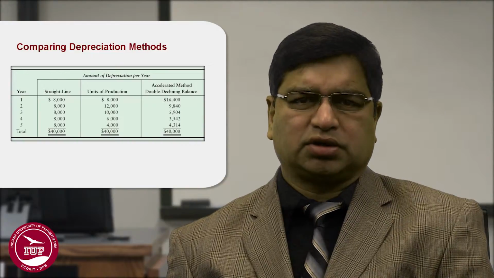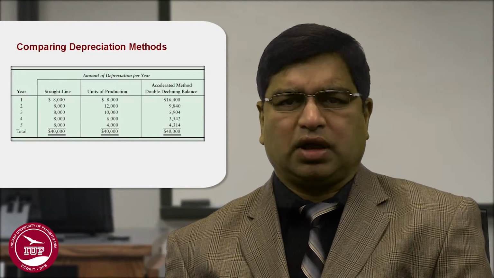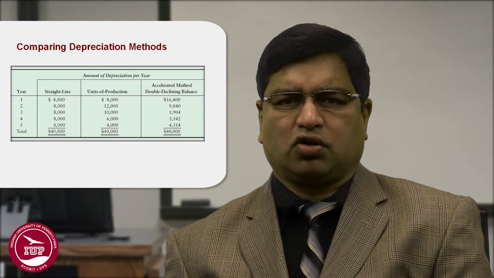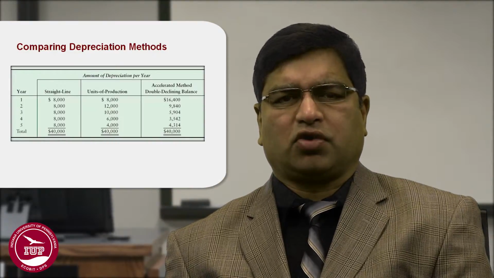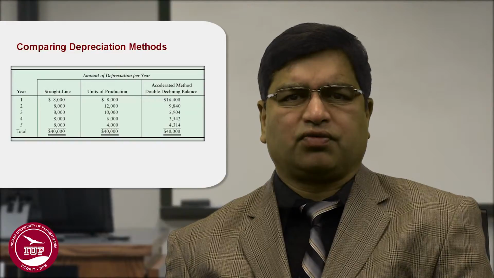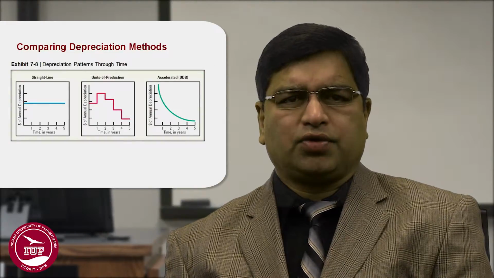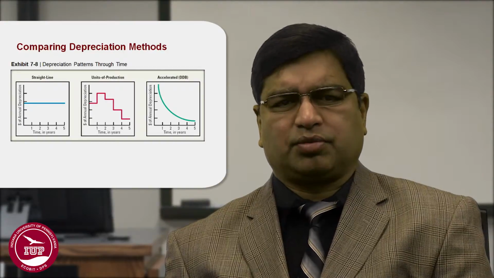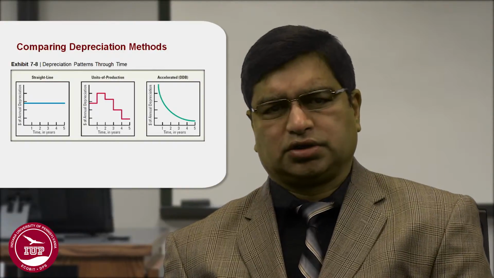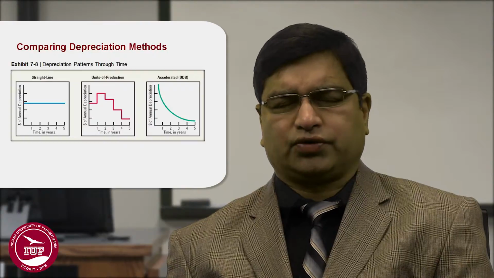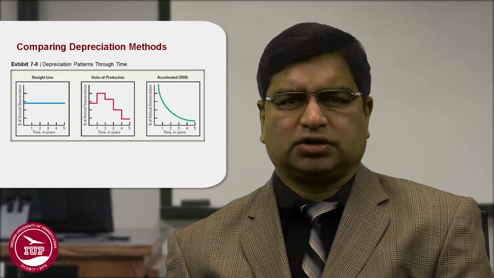About 26,000 has been charged in first 2 years, and then the remaining over next 3 years for a total depreciable cost of $40,000. If you look at the graphical representation, this is how the graphs would look like for the three methods.